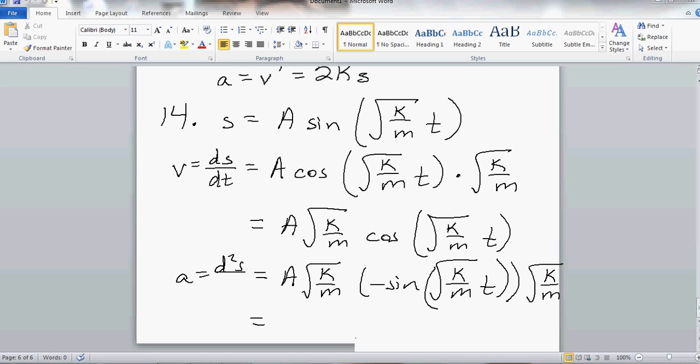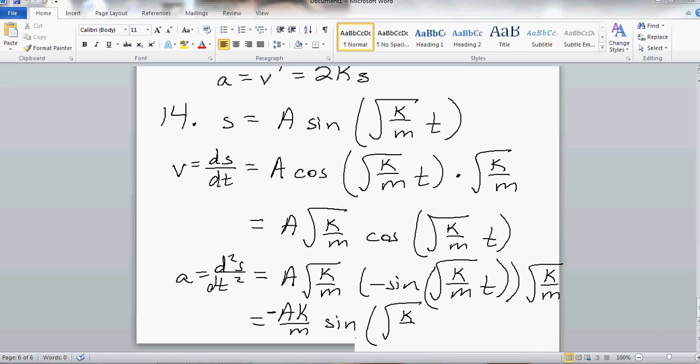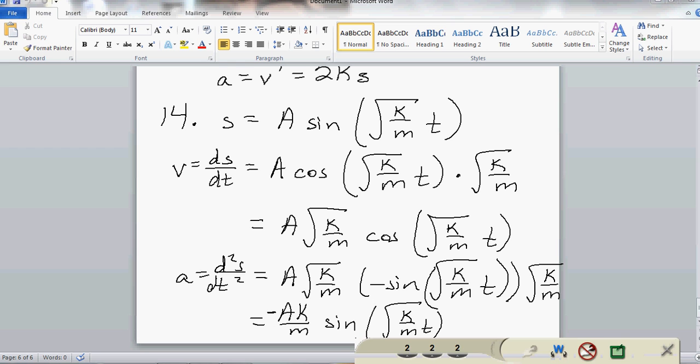And I'm just coming back here for completion, that we're actually taking the second derivative here. Square root of k over m times square root of k over m becomes k over m. We have to throw in the negative that was there, and then it's the sine of the square root of k over m t. And so finally, as a final answer, we get negative a k over m times the sine of the square root of k over m t.